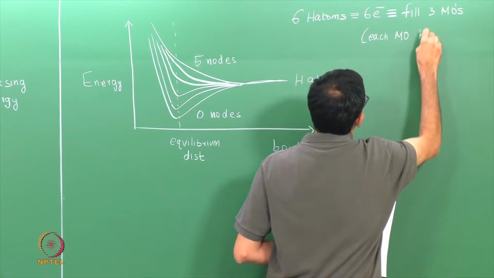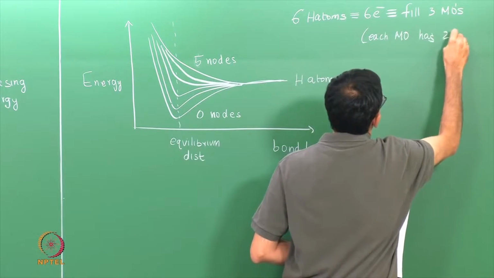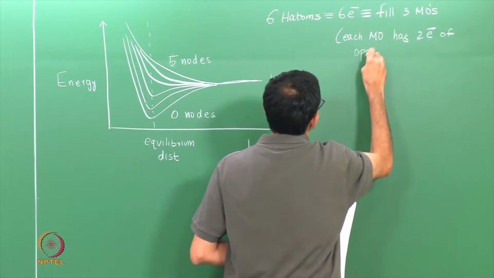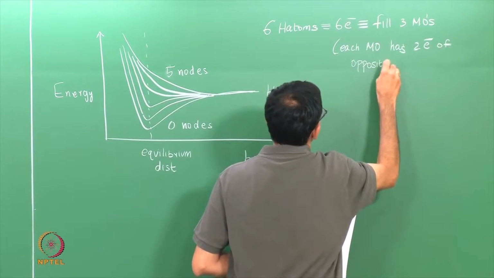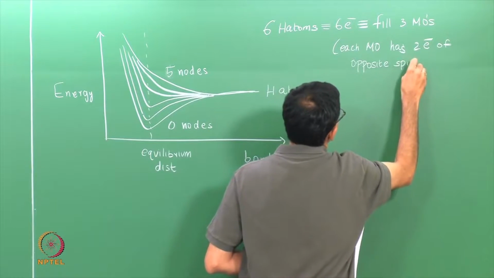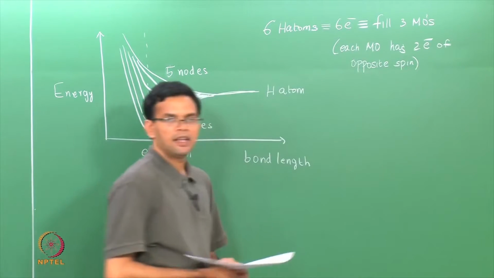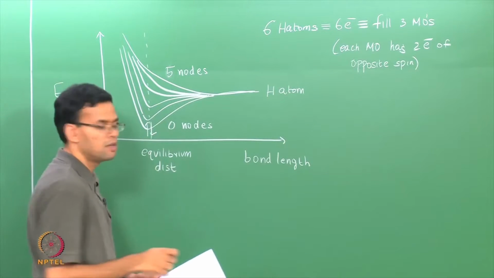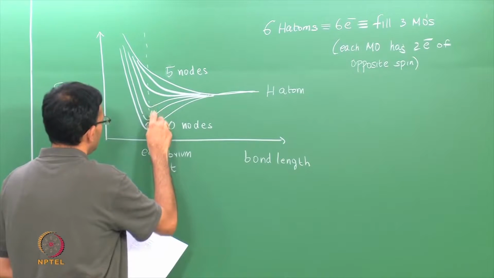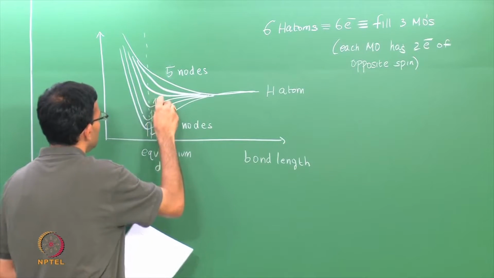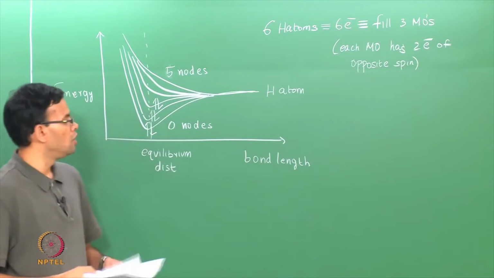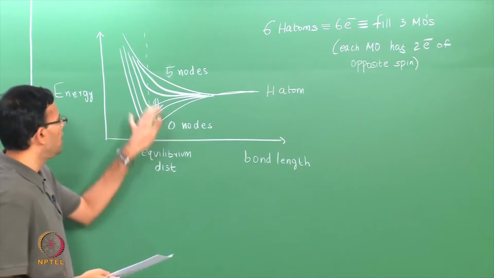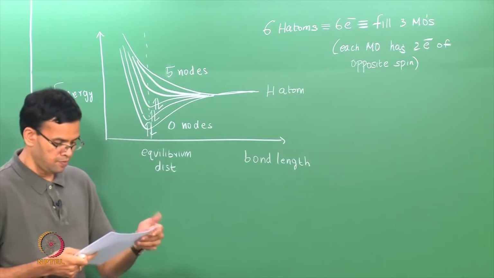Each MO has 2 electrons of opposite spin. So, the first 2 electrons go here, then the next 2 electrons go here, and then the final 2. So, the lowest 3 molecular orbitals are full, and the highest 3 are empty.